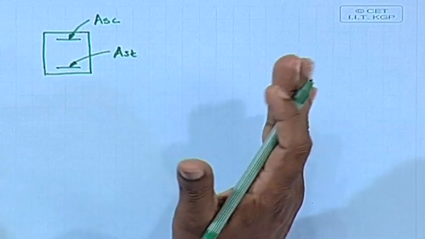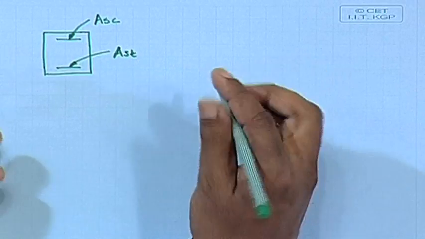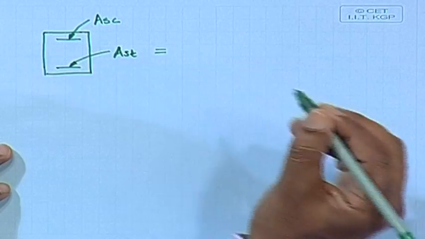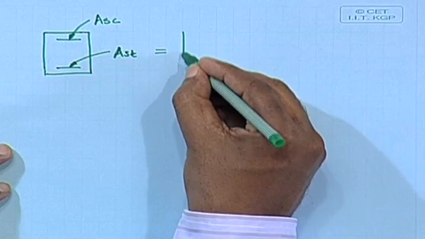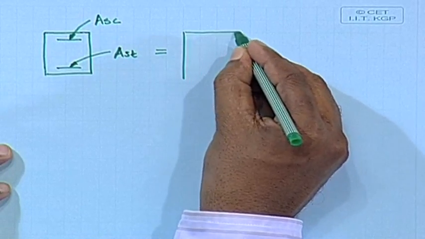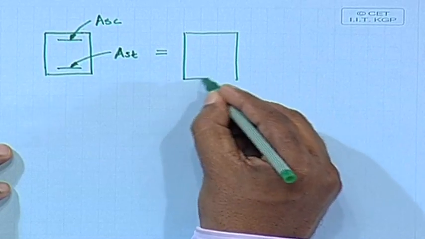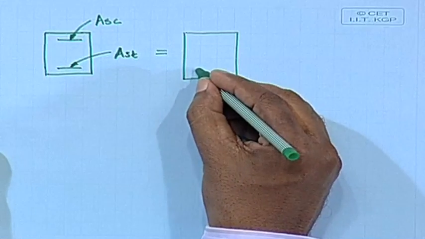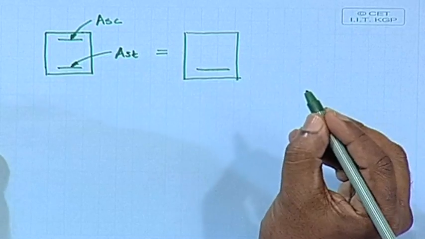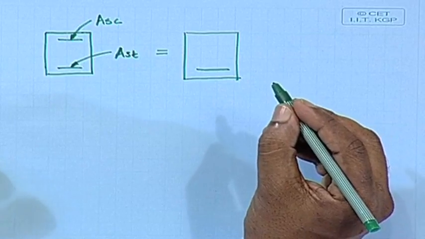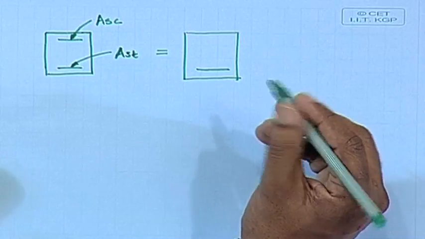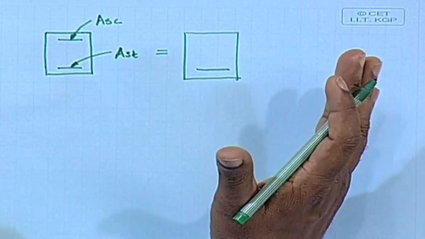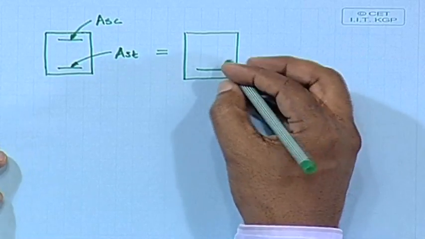We can make it in two parts. We can say that we have a portion this beam can take as a singly reinforced one, that means the moment of resistance if we consider it as a singly reinforced section only in the tension side.